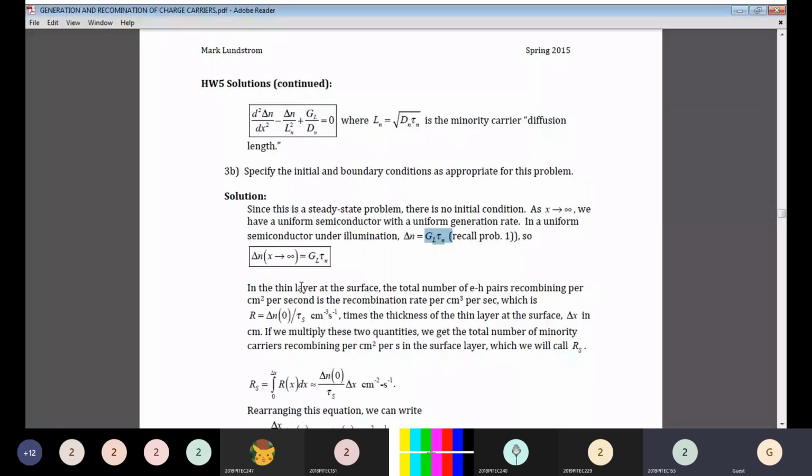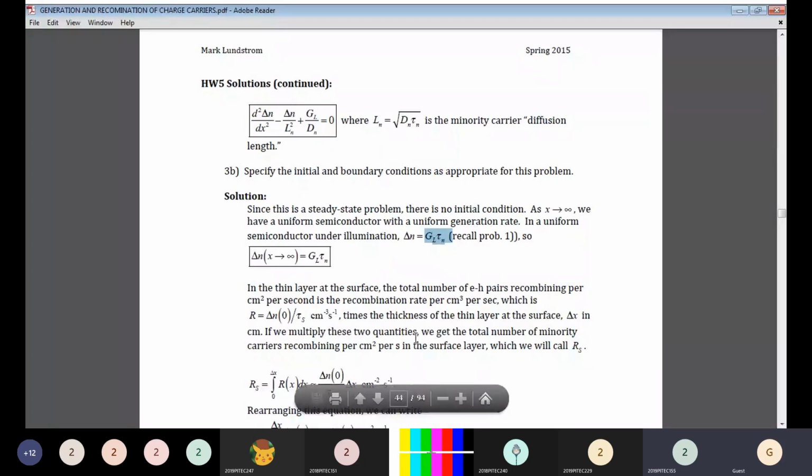In the thin layer at the surface, the total number of electron hole pairs recombining per centimeter square per second is the recombination rate per centimeter cube per second, which is R = Δn(0)/τs, times the thickness of the thin layer at the surface, Δx in centimeter.